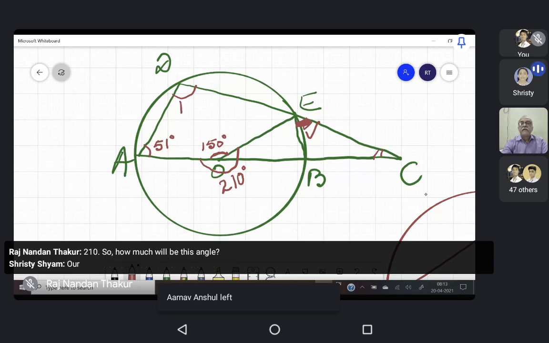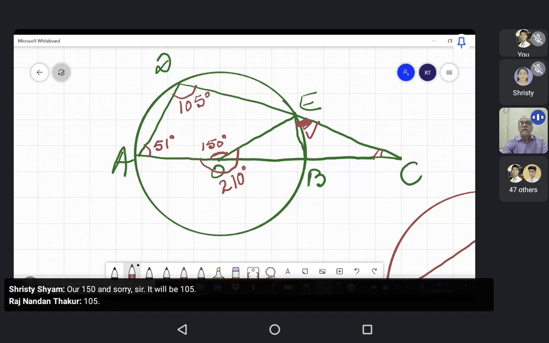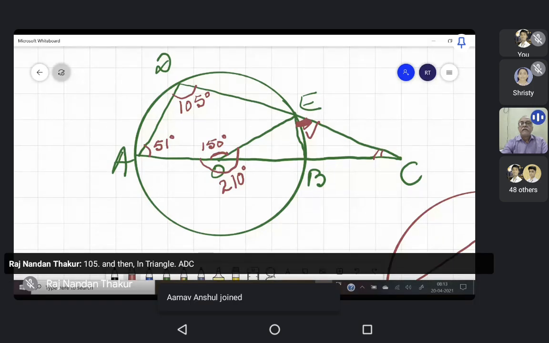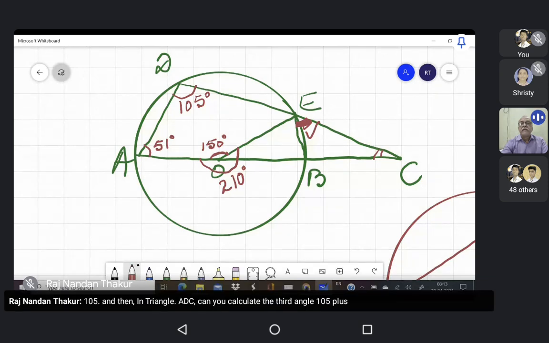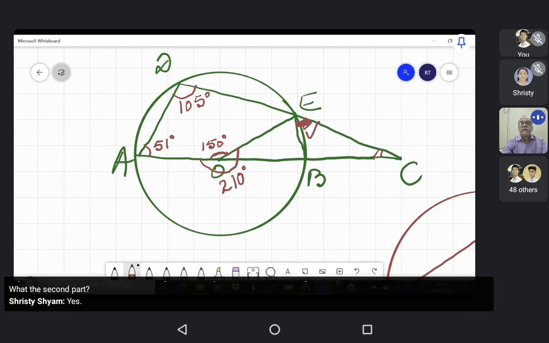Sorry, sir, it will be 105. And then in triangle ADC, can you calculate the third angle? 105 plus 51 is 156. 180 minus 156, 24. Got the second part? Yes, sir.